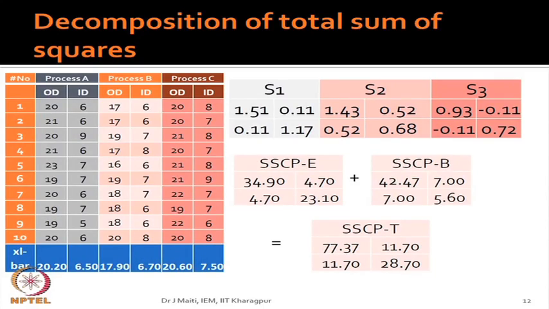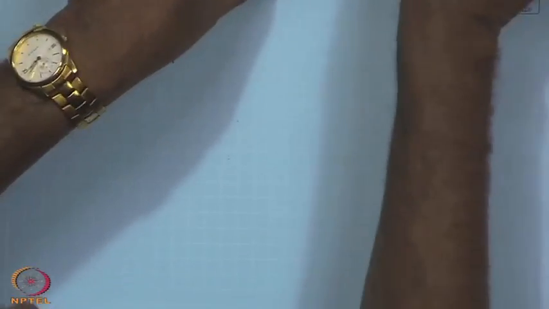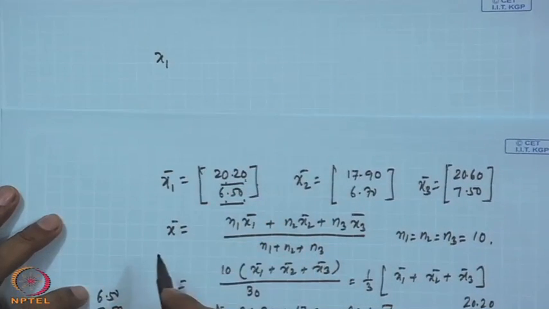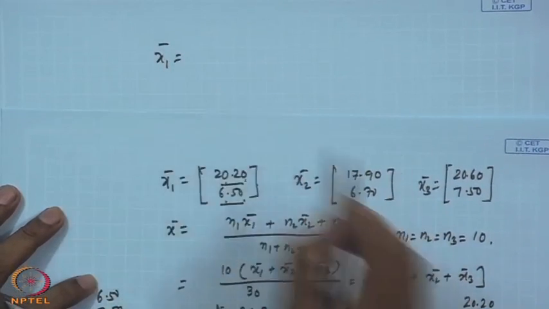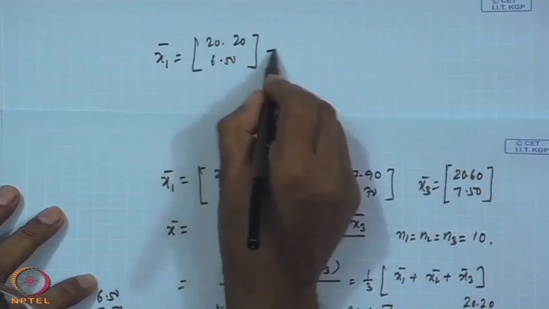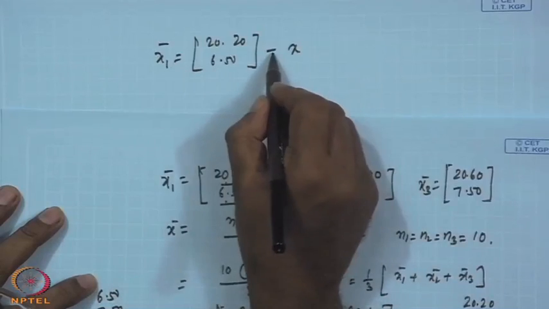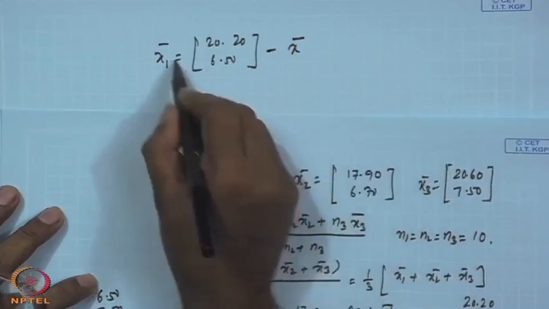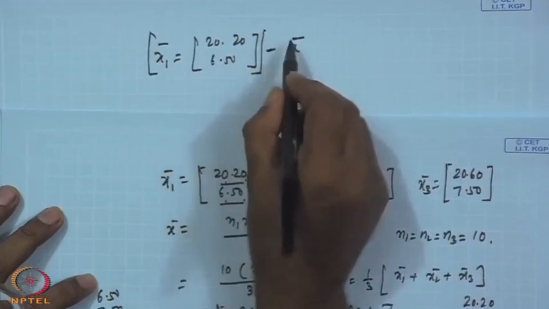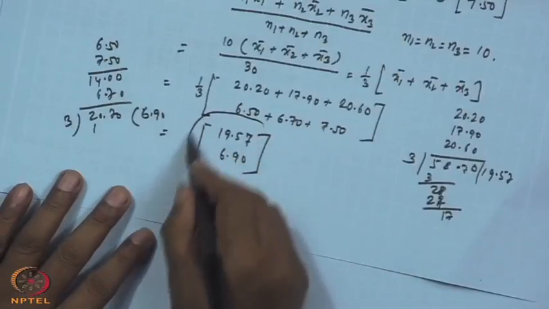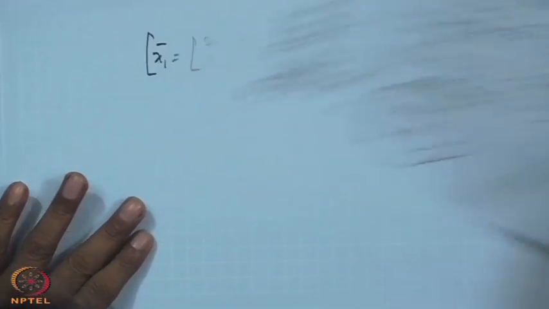Now, what is our x1 bar? Here you see x1 bar is 20.20 and 6.50, minus x bar, which is 19.57 and 6.90.